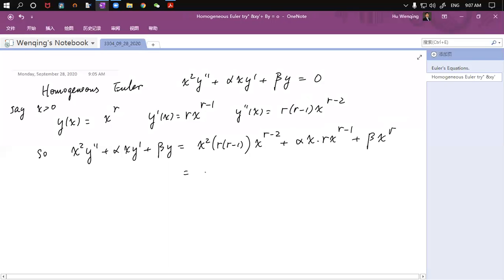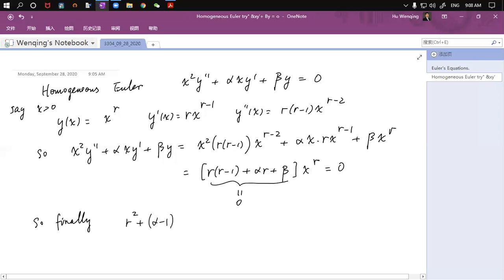So that in the end, you get r multiplied by r minus 1 plus alpha r plus beta, multiplied by x to the power of r. And you want to set this equal to 0, which means that this factor has to be 0. So finally, you're going to see that r squared plus alpha minus 1 of r plus beta is equal to 0.